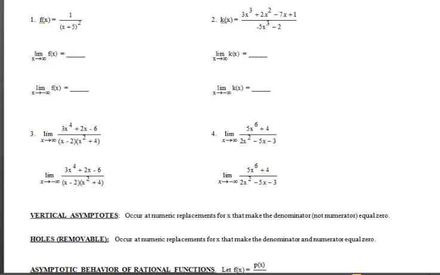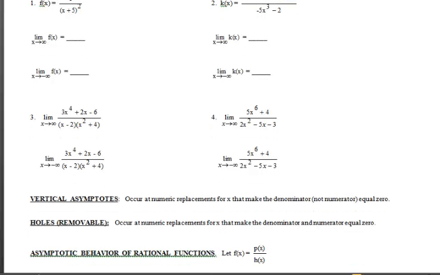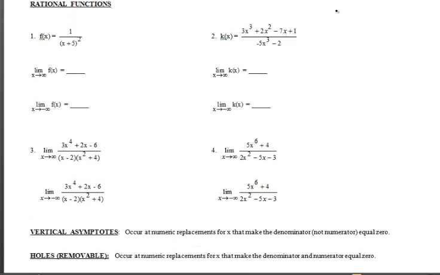For this first example right here, you're asked to find the limit as x goes to infinity and negative infinity of this function. You can either pick up a graphing calculator and look to see what the graph's doing at its ends, or if you remember from a previous course, pre-cal, what that parent function looks like, you can quickly sketch the new graph without a calculator.